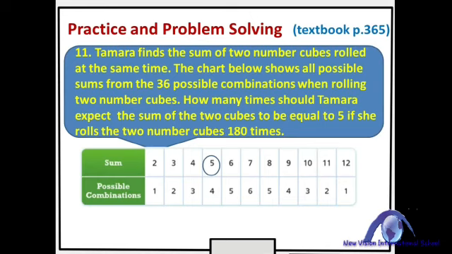The sum of 5 has 4 possible combinations. The theoretical probability of a sum of 5 is 4 out of 36, or 1 over 9.